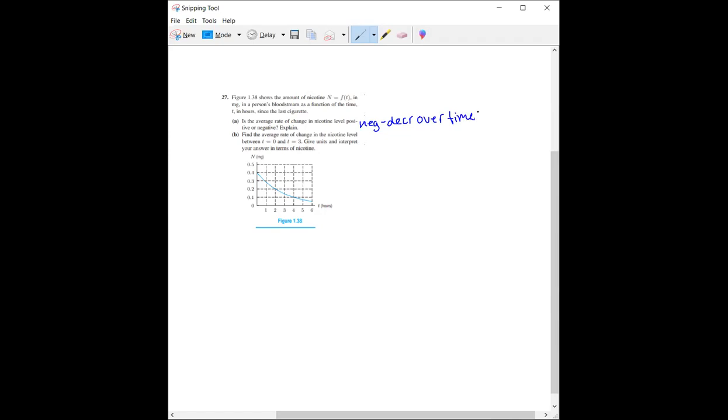Next, find the average rate of change between t is equal to 0 and t is equal to 3. Give units and then interpret your answer in terms of nicotine. So we're going to be doing something very similar to what we did last time. We have 1 point here, and we have 1 point here.